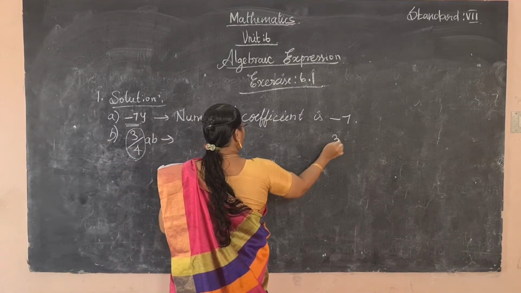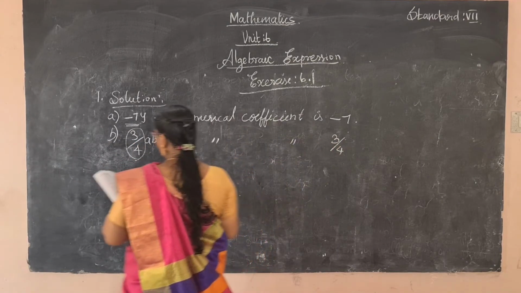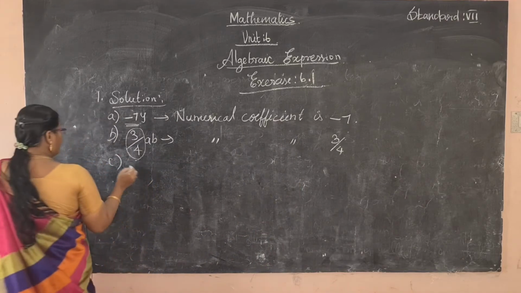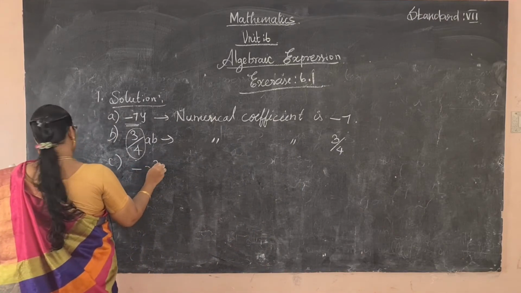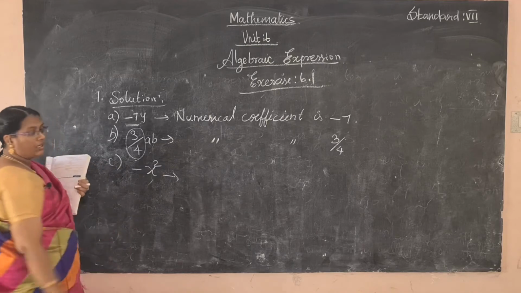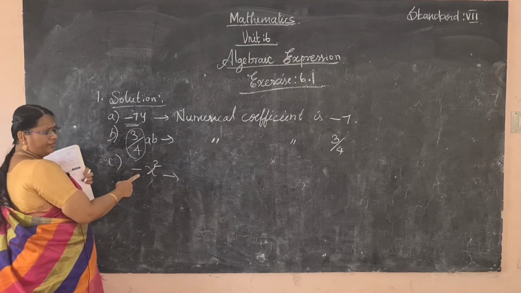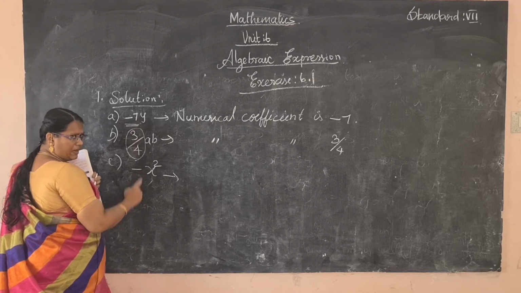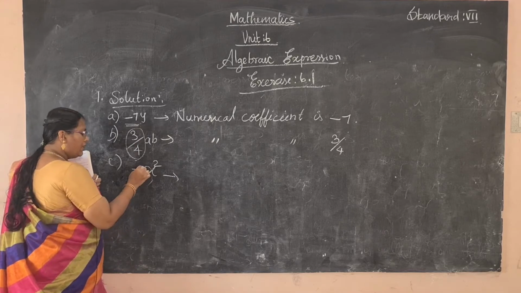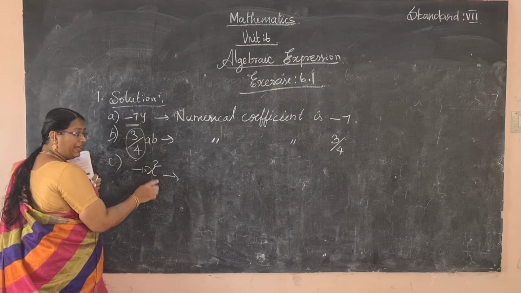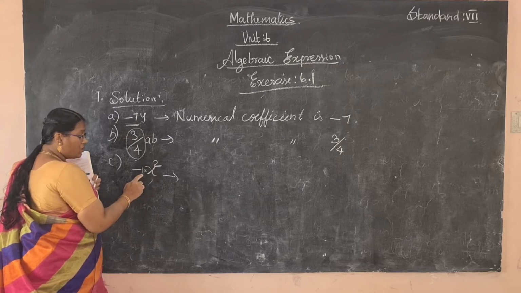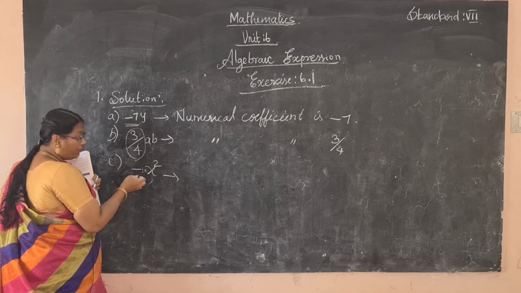And C, minus x squared. So what is the numerical value here? Which number is here? Any number in this place? Yes, here 1 multiplied by 1, we get the same number. So what is the numerical coefficient?